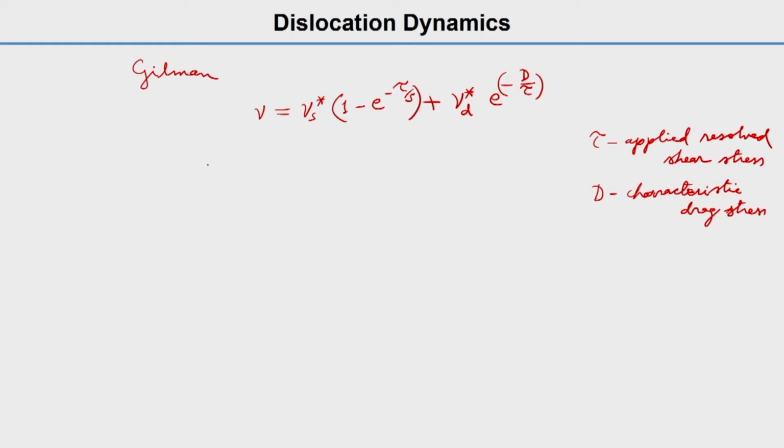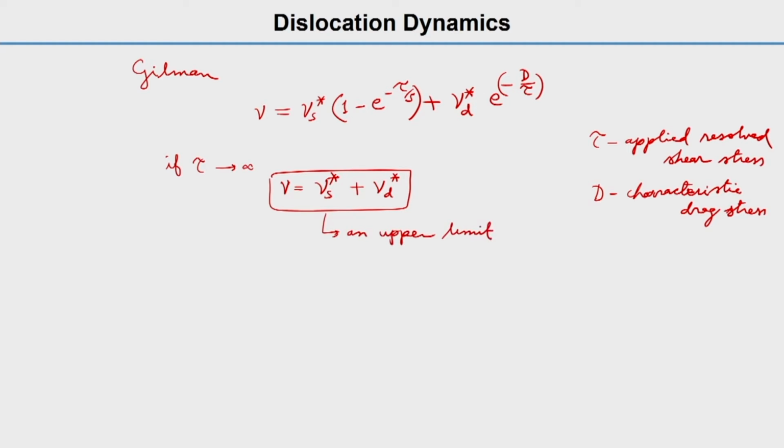So what happens is that if the applied stress is very high, it tends to infinity, so V is equal to Vs star and Vd star. That means there is an upper limit of velocity. These values will not go higher than this, even if you increase the stress more.